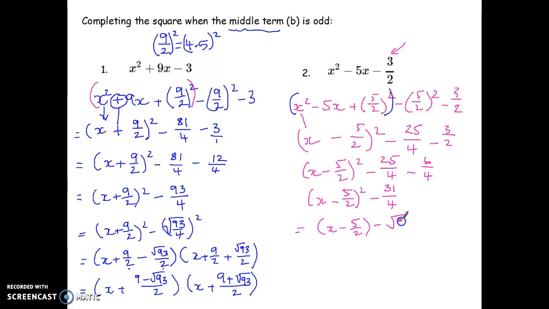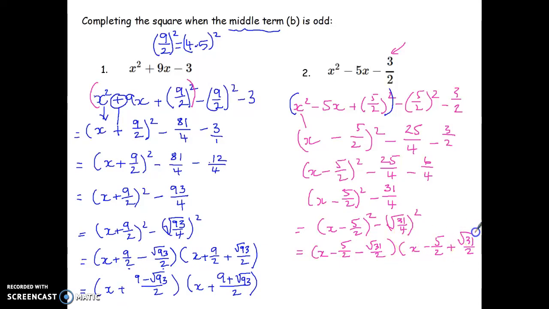And I'm going to write this as a difference of two squares and just finish it off. So I have x minus 5 on 2 minus root 31 on 2, x minus 5 on 2 plus root 31 on 2.